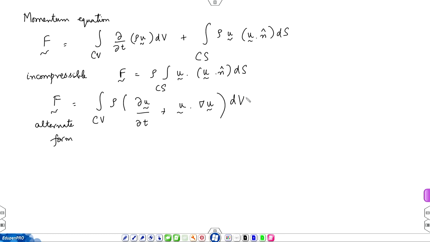So, F is equal to mass times acceleration. So, you will see that it is very, very generic, because CV is not specified as a cube or a tube or any specific geometry.